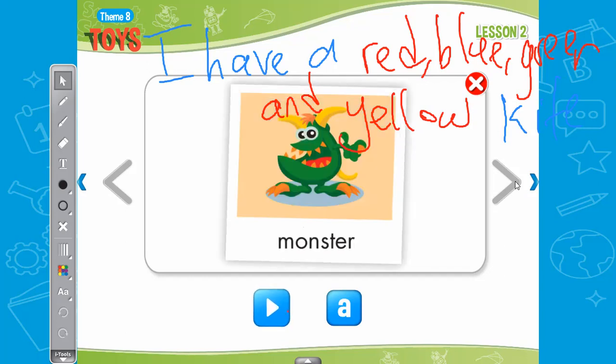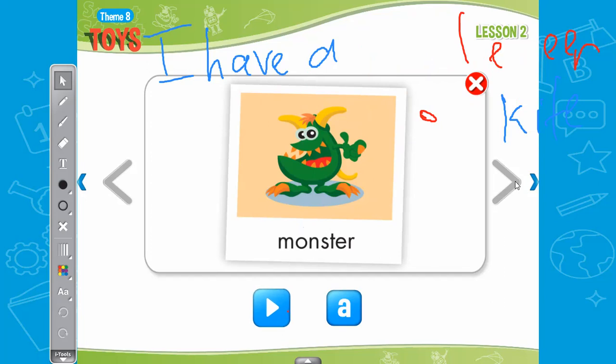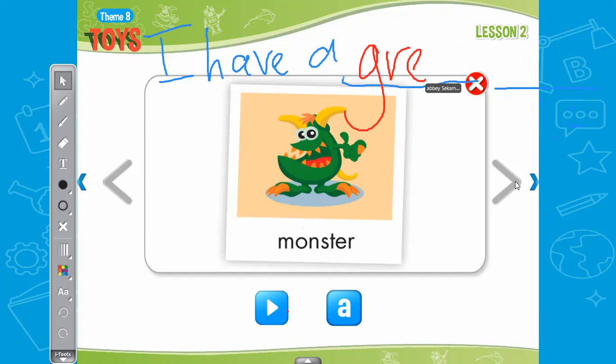How about this one? It's a monster. What color is our monster? Now, the dominant color in this monster is green. So what are we going to say? We shall use this and say, I have a green monster.